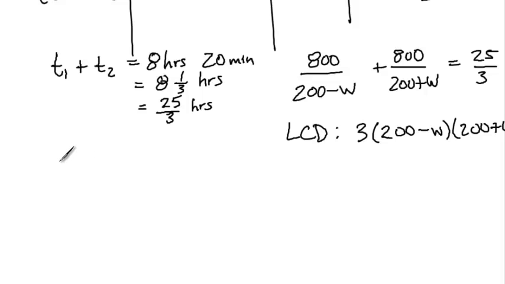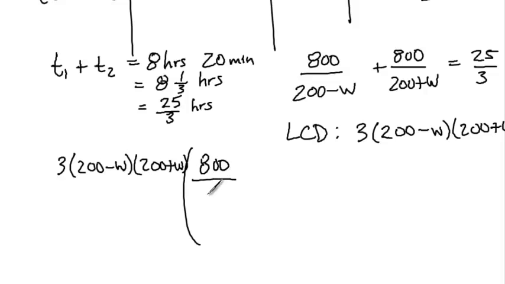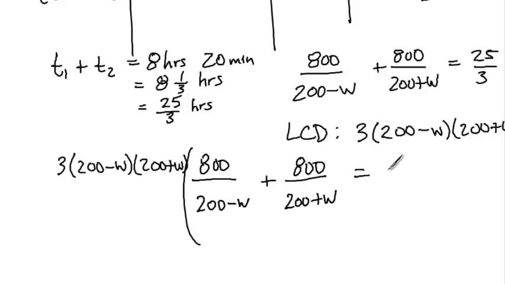So 3 times 200 minus W, 200 plus W, times 800 over 200 minus W plus 800 over 200 plus W equals 25/3.